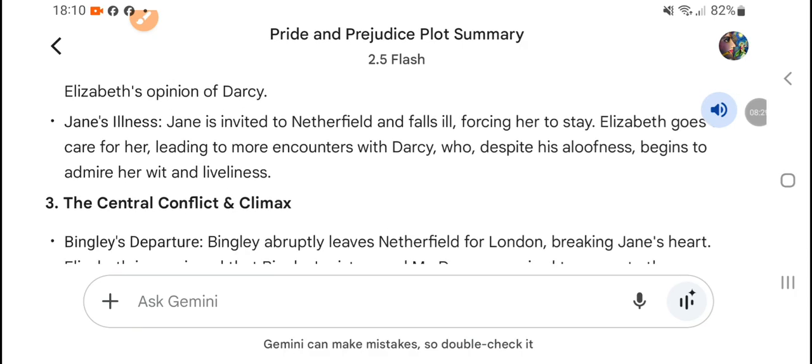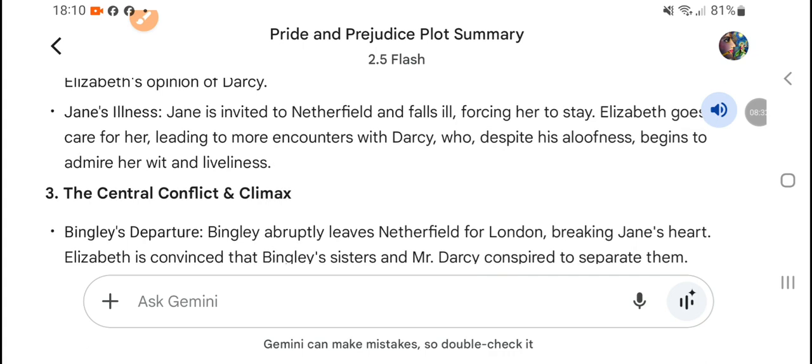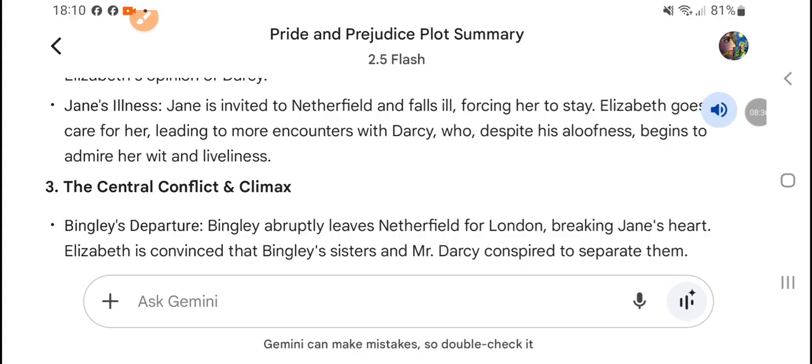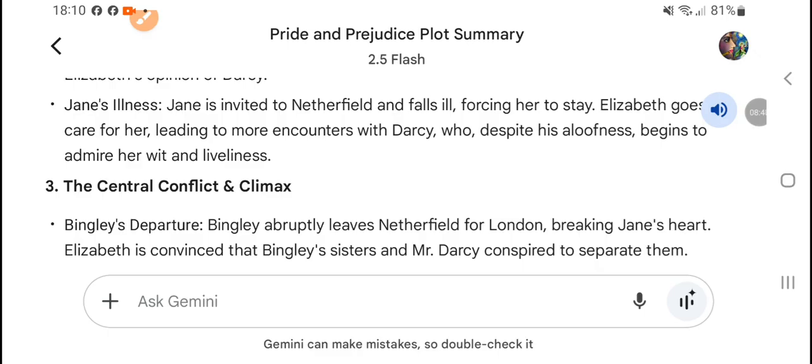Now next is Jane's illness. Jane is invited to Netherfield and falls ill. Mr. Charles Bingley's sister Caroline Bingley invites Jane Bennet to Netherfield, but as Jane goes there, on the way, because of rain, she becomes wet and ill.